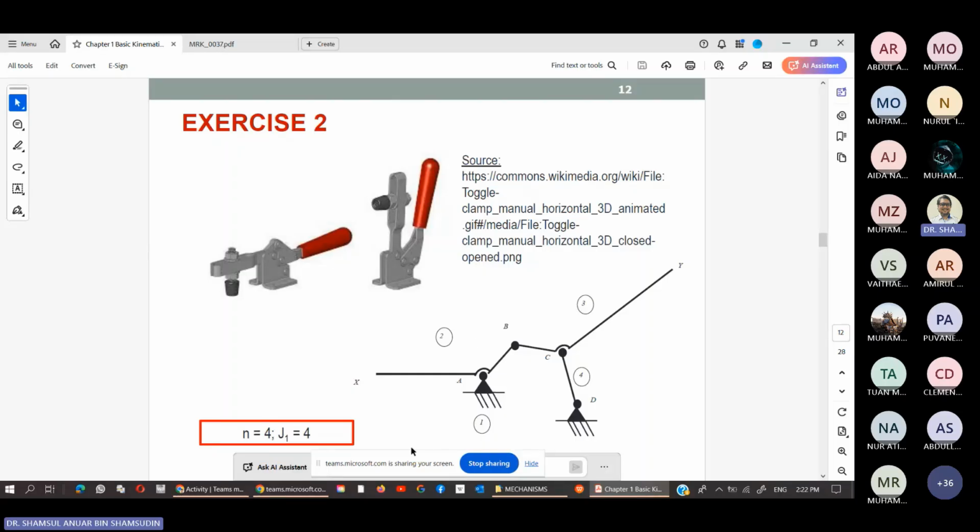So that's your n is 4, the number of elements, bodies or links. Then j is labeled by letters. Usually we use lowercase letters, but uppercase also works. So you have A, B, C, and D.